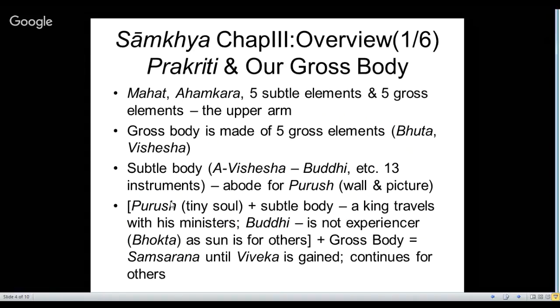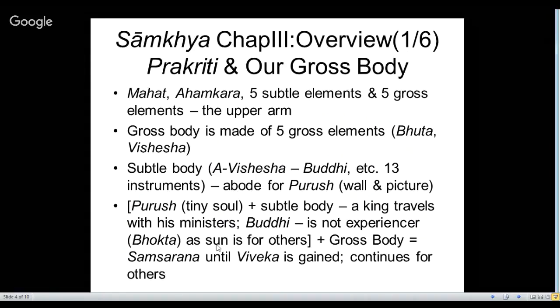So this Purush, which is the tiny soul, plus the subtle body, is traveling together. And then he gives an example, like a king always travels with his ministers. So he gives some distant example so as to understand all this. So this plus this, I entered into father's body, then mother's body, and this is justifying as if the picture requires a support.